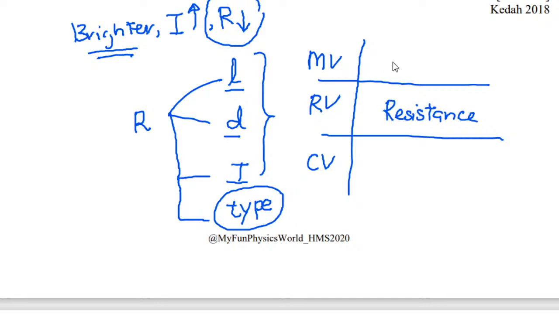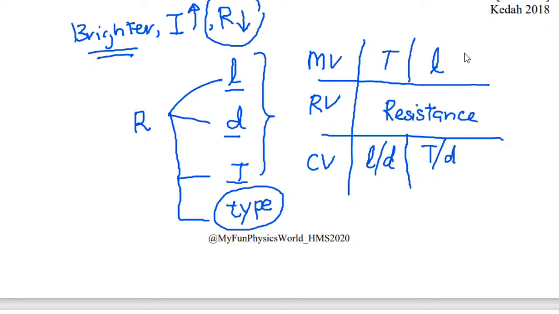Now we look at the first one just now, temperature, right? The manipulated variable is temperature, the responding variable is resistance, and the constant variables will be these two: either you write length or diameter. If the manipulated variable is length, resistance is still the responding variable, but the constant variables will be temperature and diameter.